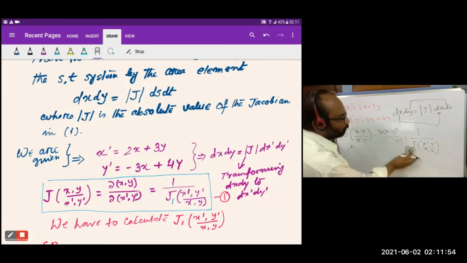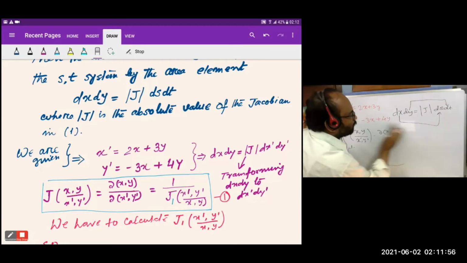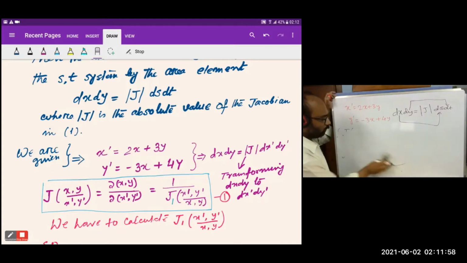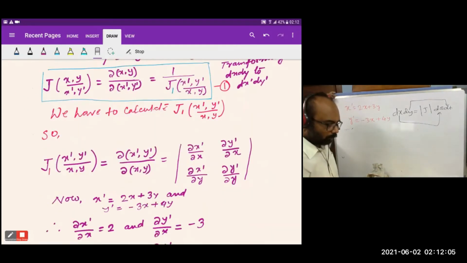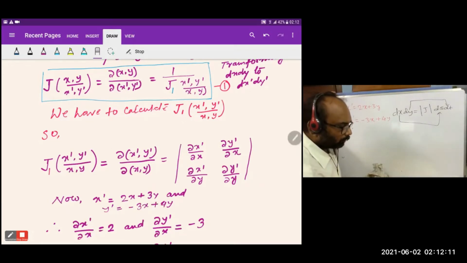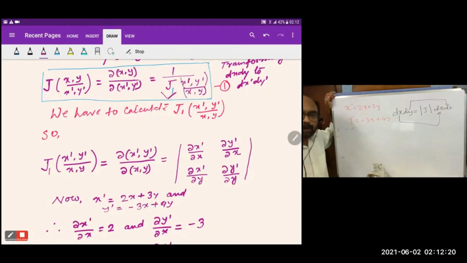So let's calculate J x dash y dash with respect to xy. I have used J1 for this case.